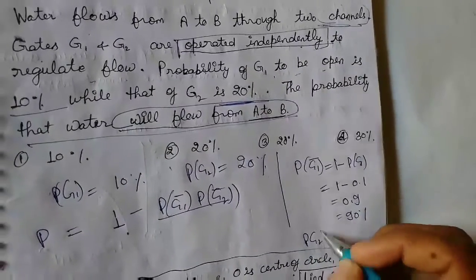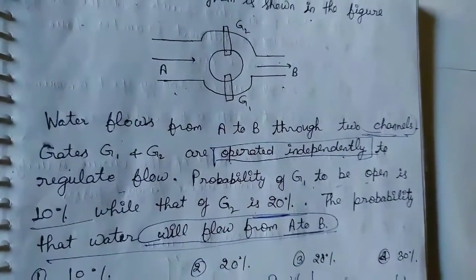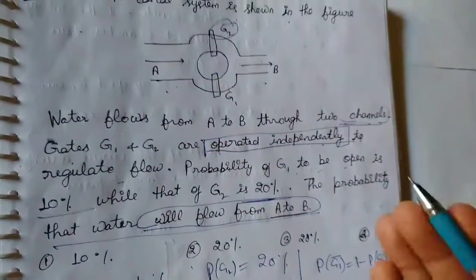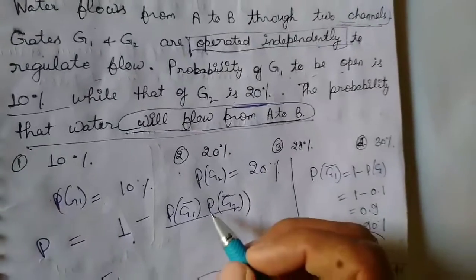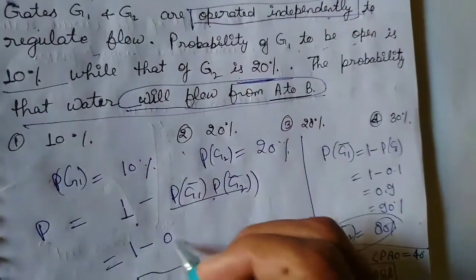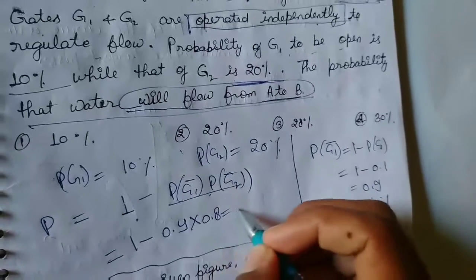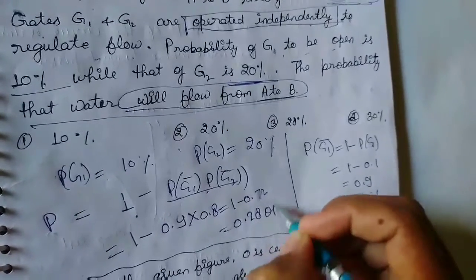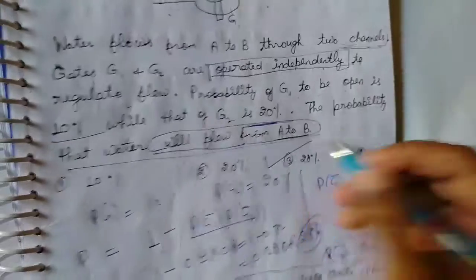Similarly, P(G2 bar) will be 80%, the probability of water not flowing from channel G2. So the probability of water flowing from A to B will be 1 minus P(G1 bar) into P(G2 bar). So 1 minus 0.9 into 0.8. So it will be 1 minus 0.72. It will be 0.28 or 28%. So the option will be 3.